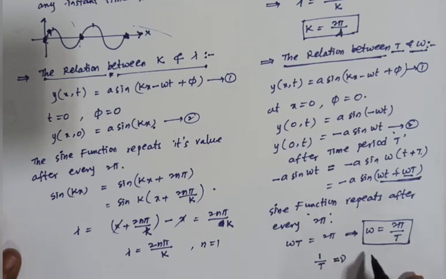So omega equals 2 pi mu. This is the relation between angular frequency and natural frequency.